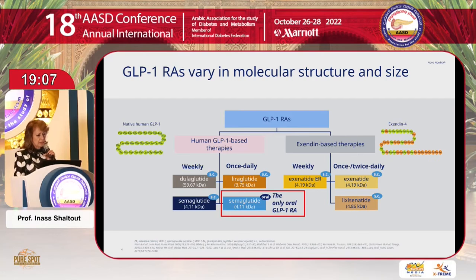GLP-1 receptor agonists are, like we said, human GLP-1 based and exendin-based therapies. The human-based are either weekly, like dulaglutide and semaglutide injection, or once daily, like liraglutide injection and semaglutide oral medication.